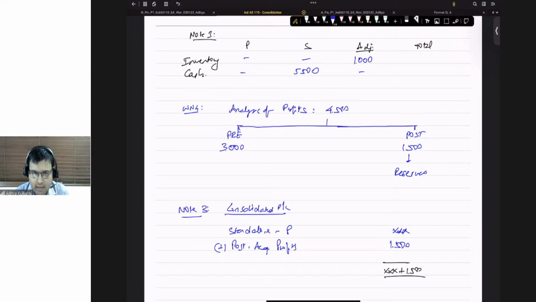I did note 1, took the assets and liabilities as it is. Adjustment column I could not eliminate because I have not passed any consolidation eliminations for that 1,000. Profits are analyzed pre-acquisition, on the date of acquisition, post-acquisition, thereafter. Post-acquisition is taken to the reserves, that is the consolidated profit and loss, and I have added it there. So procedurally, this is correct.